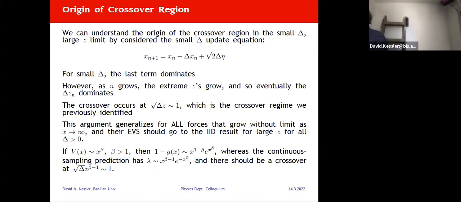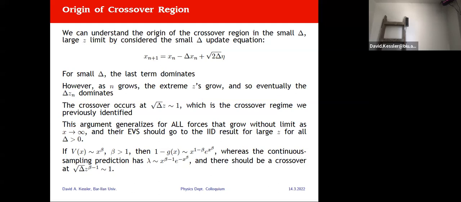And now why does this work? What's going on? The answer is very simple. Here's our update equation. It's for small delta, right? Because there are two pieces. There's the deterministic piece, which is the force, and then there's a random piece, which is the noise. The random piece scales like square root delta, and the deterministic contribution scales like delta. So when delta is small, who wins? The random piece.